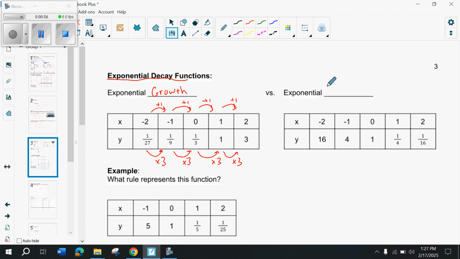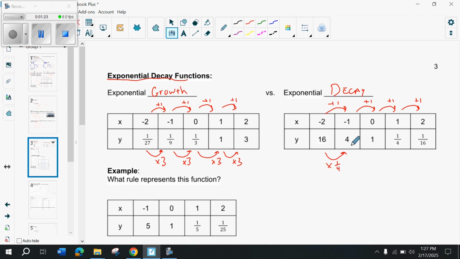Whereas if I had exponential decay, notice that once again my x values are increasing by 1. But now if I look here, I am multiplying by something, but what would I have to multiply to go from 16 to 4? Here I'd have to multiply by 1/4.